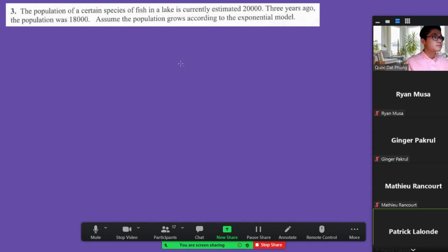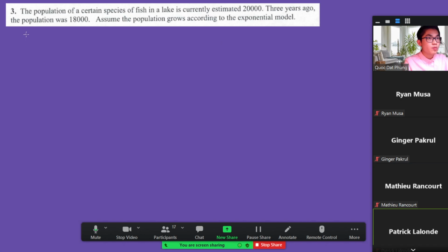Now this problem says, the population of a certain species of fish in a lake is currently estimated as 20,000. 3 years ago, the population was 18,000. Assume that the population is growing according to the exponential model. So the exponential model, there's a formula for that.